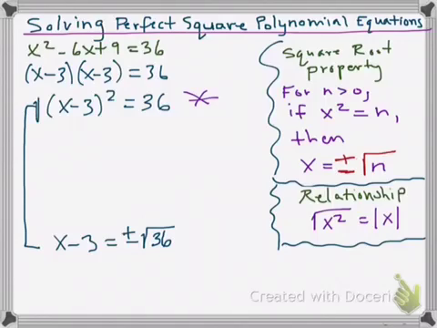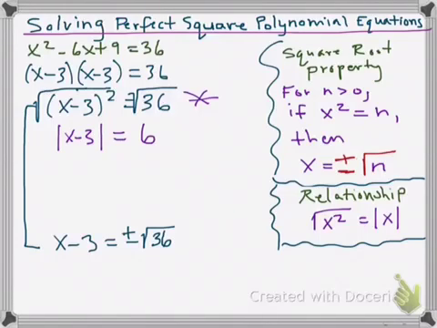So we're going to take the square root of both sides. So what you do to one side, you have to do to the other to keep balance of an equation. And that brings, according to the relationship over here, the absolute value of x minus 3 on the left. And then on the right, by definition, principal root of 36 is the positive root, or 6.